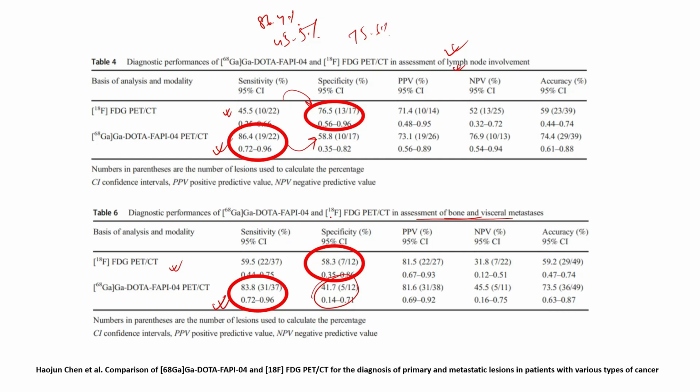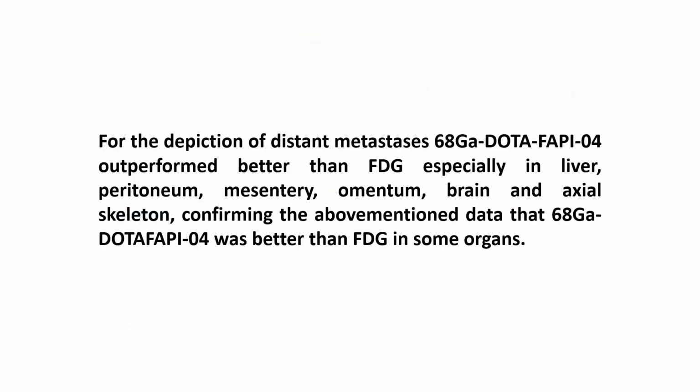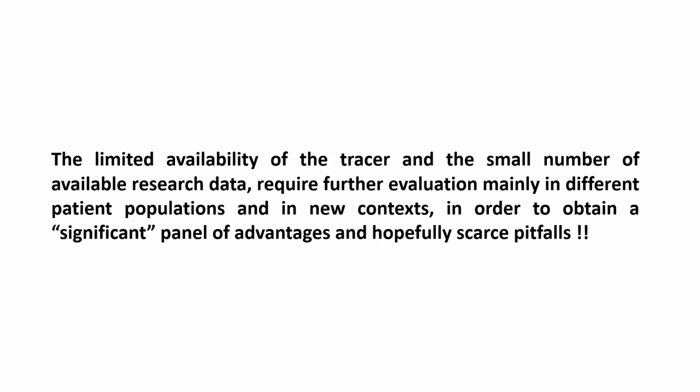For the depiction of distant metastases, gallium FAPI outperformed FDG, especially in the liver, peritoneum, mesentery, omentum, brain, and axial skeleton, confirming the abdominal data that gallium FAPI was far better than FDG in some organs.